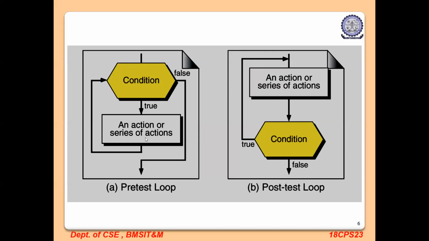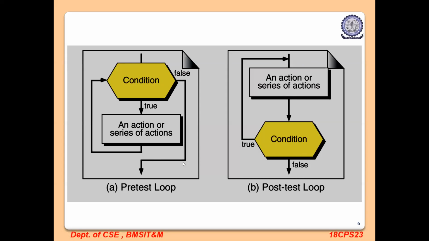It will not execute the statements within the looping construct even once. Whereas in post-test loops, the statements are executed once and then the condition is checked. If it evaluates to true, it goes back and executes the statements again, or else if it evaluates to false, it comes out.